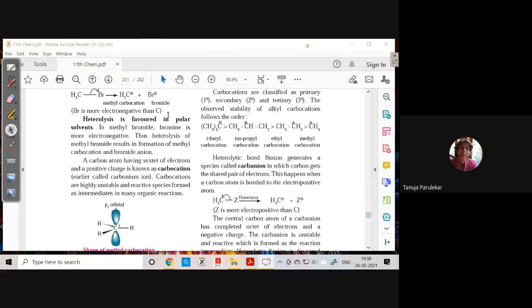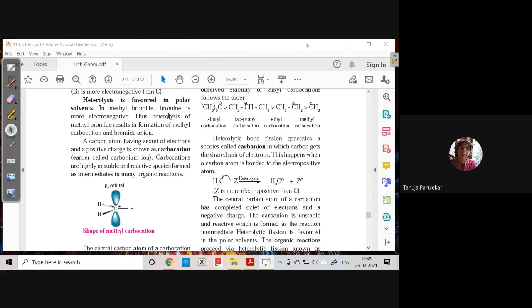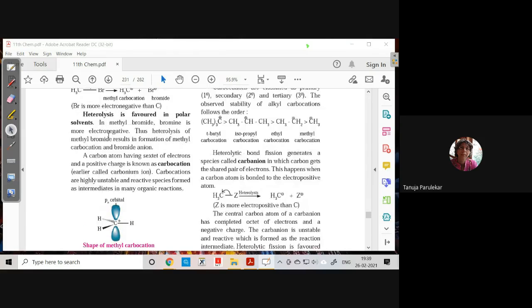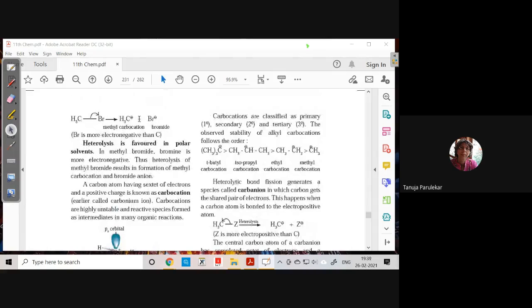bromide ion. Now, here you can see that the shape of the molecule changes. Now you can see a carbon atom having a sextet of electrons and a positive charge, known as a carbocation. Initially, this molecule was tetrahedral, with sp3 hybridization.